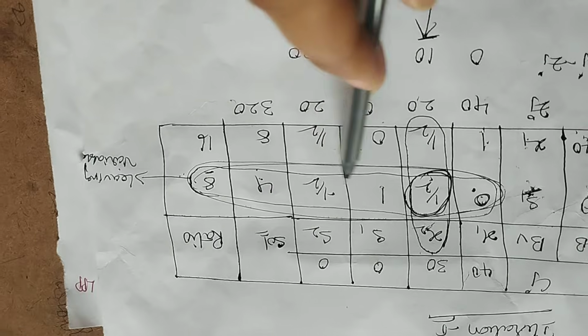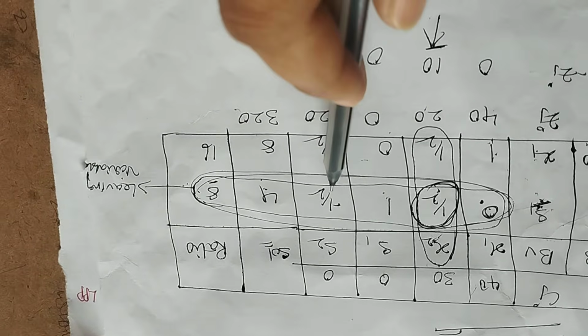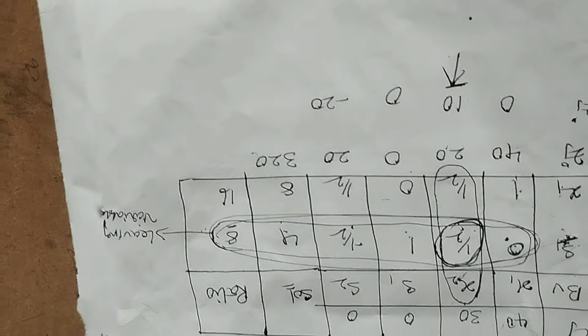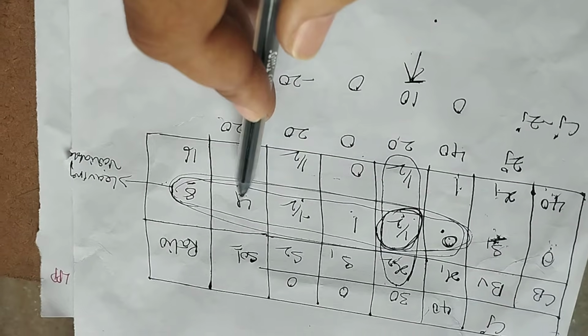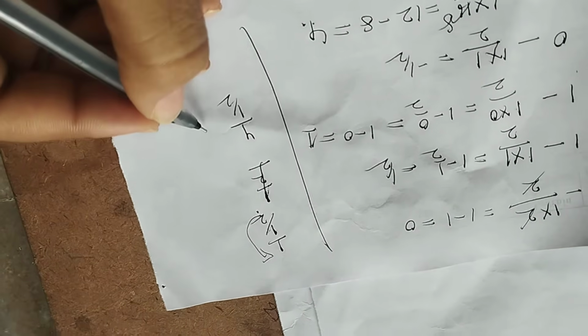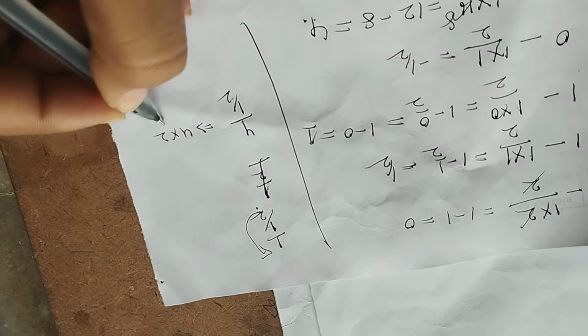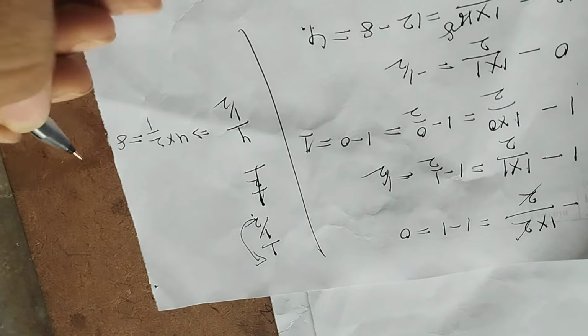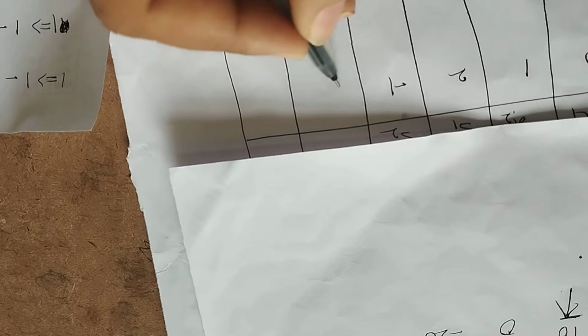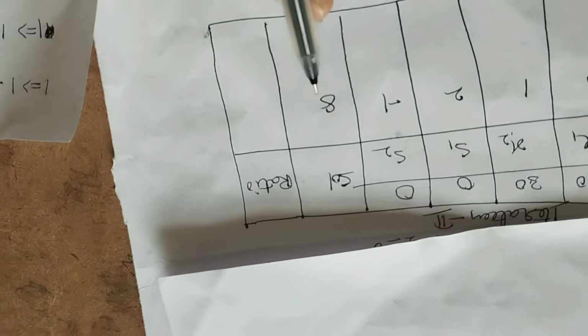The next value is minus 1 by 2 divided by 1 by 2, that means minus 1. Next, 4 divided by 1 by 2 is 4 into 2 by 1, which is equal to 8. This 4 value should be replaced with 8 in the solution column.